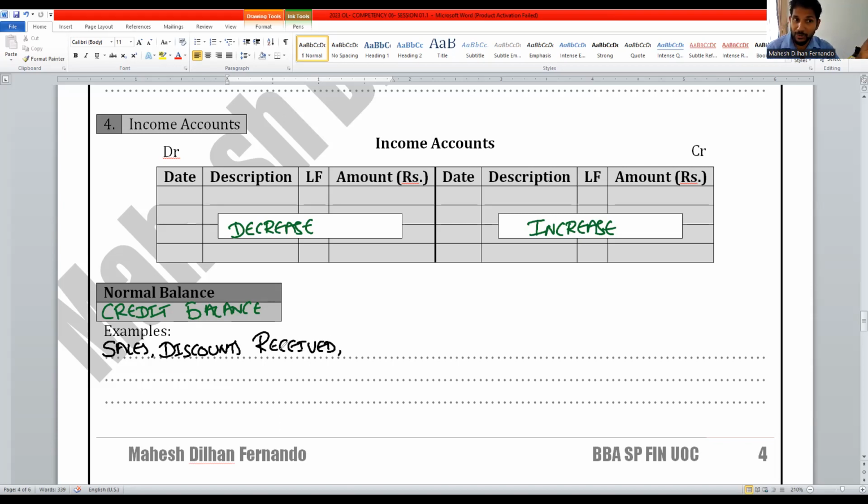Let's say you have rented out your property to another party and you receive rent. Rent paid is an expense. But rent received. Commissions received.